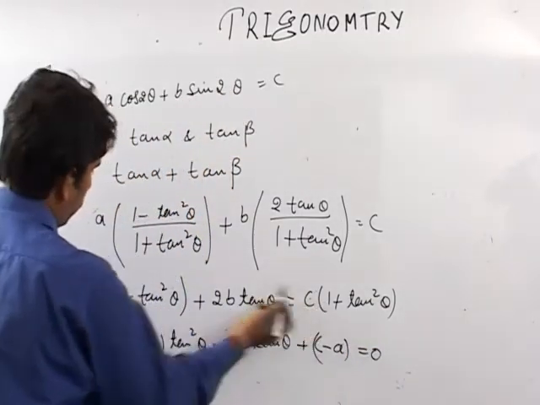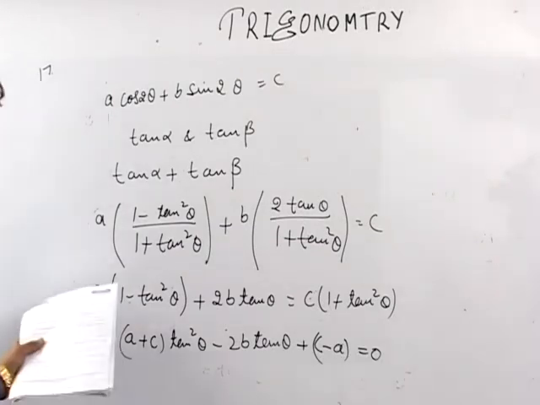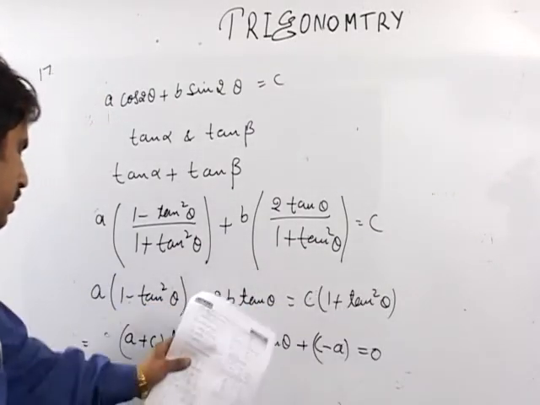Constant from here is c and from here a, and when you take this on the right hand side, you will get c minus a.